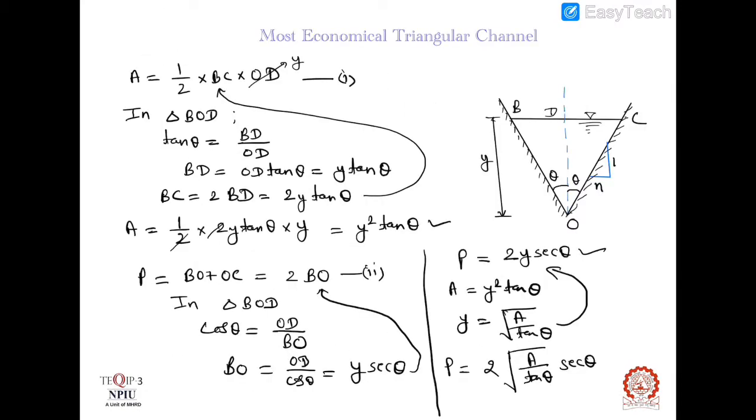You could also solve this problem by considering side slope as 1 by n instead of taking theta. Then you will find this value of n for a hydraulically efficient triangular channel equal to 1. n will be equal to 1 for the most economical triangular channel section. Then only it is possible to have theta equal to 45 degree.